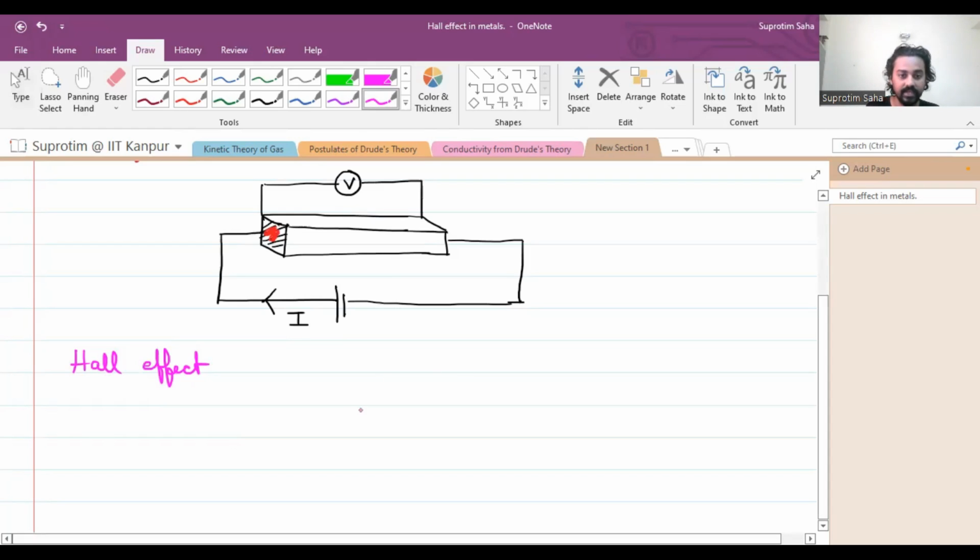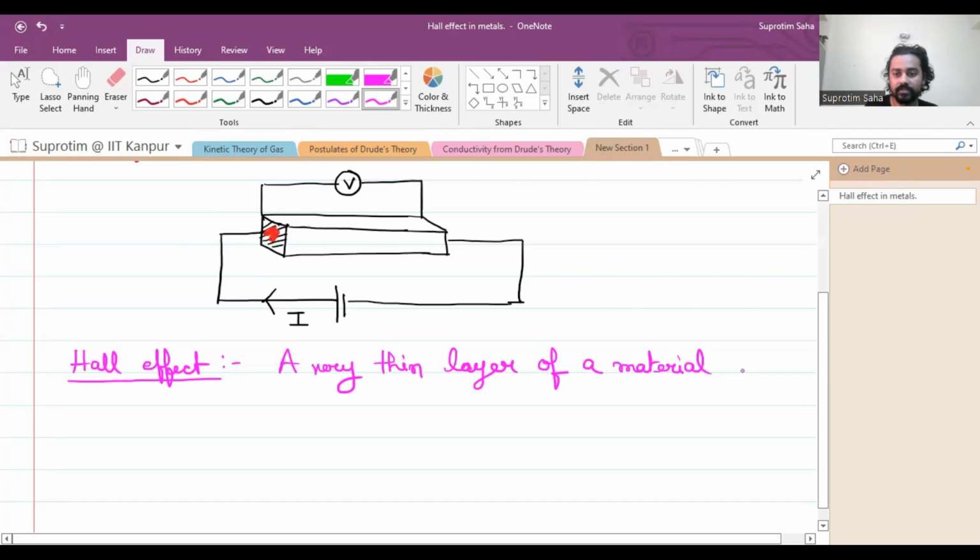So the experiment is basically done on a thin film of a material, a very thin layer of a material.